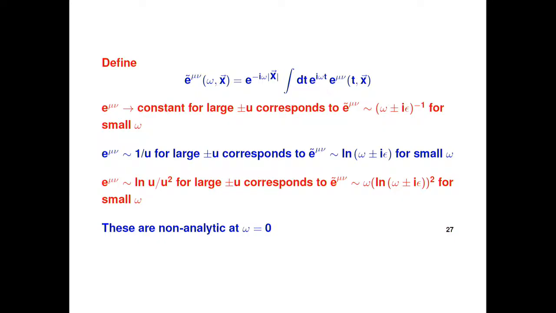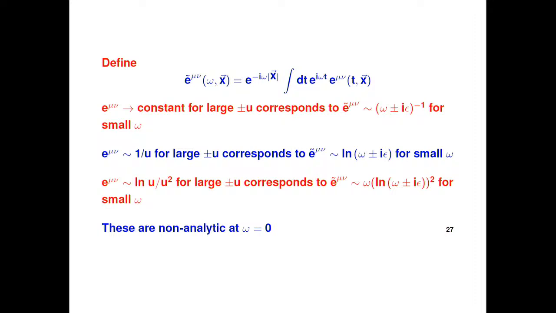We will now define the time Fourier transform. We take the Fourier transform in the time variable, and this is just an overall phase that I have added, but this is the important part. And now ask that the kind of terms that we are looking for, E mu nu going to a constant or 1 over u or 1 over u squared log u, where u is basically t minus mod x in this picture, what do they translate to in terms of the Fourier transform variable E tilde?